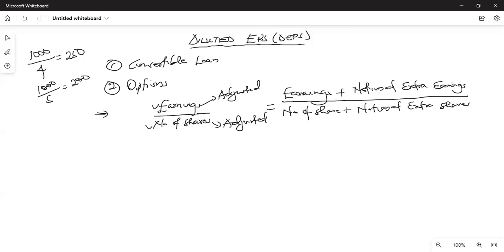In this concept, we are going to look at the convertibles and the options. It's that simple. Let's take the convertible ones.